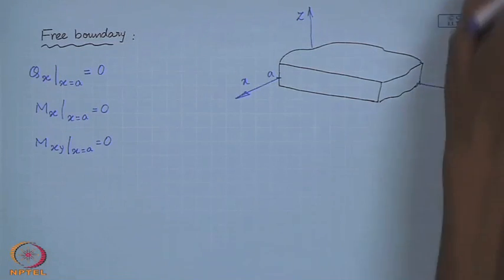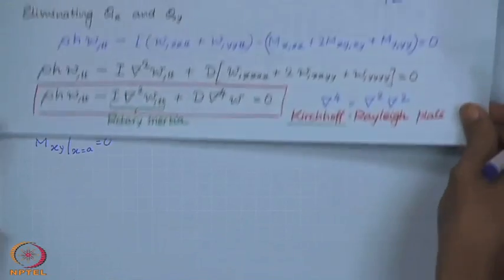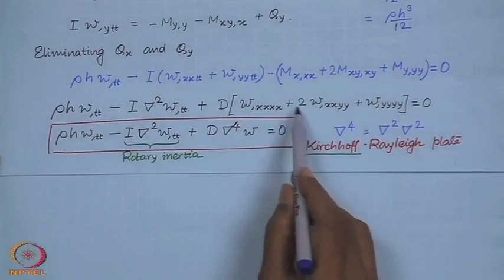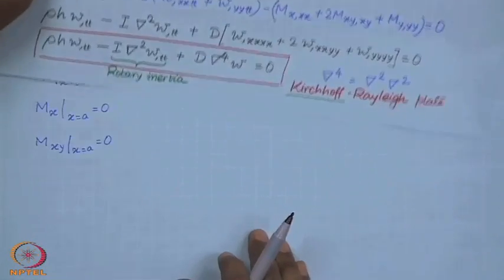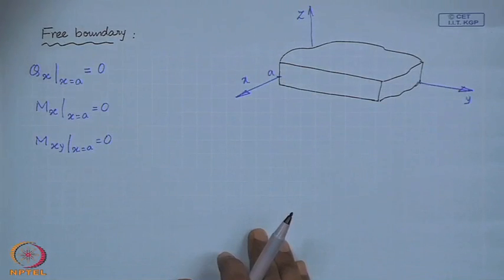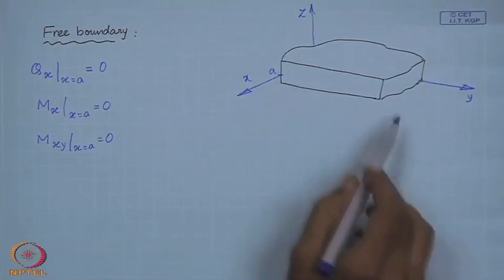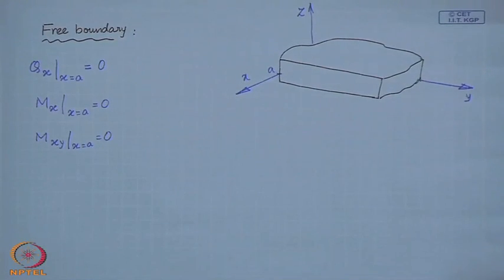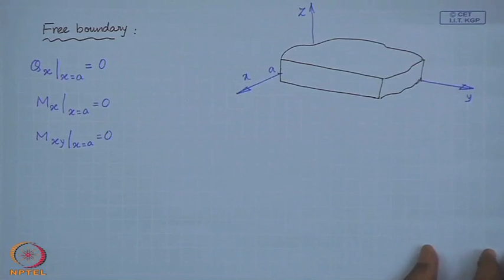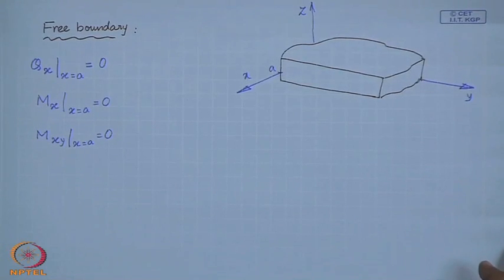But you see, this differential equation of the plate is 4th order, so it cannot support 3 boundary conditions at an edge like this. At a boundary, it cannot satisfy 3 boundary conditions.